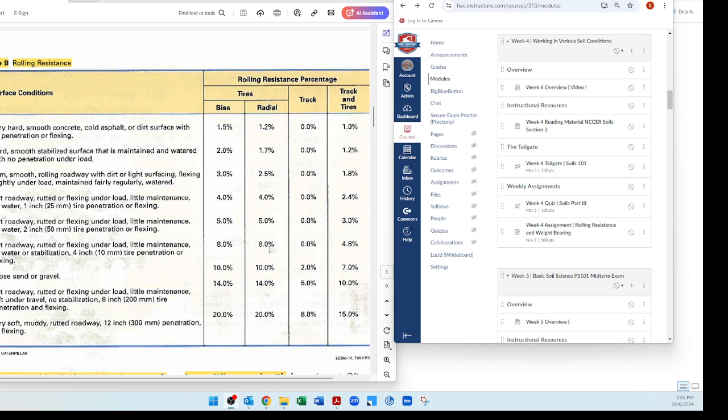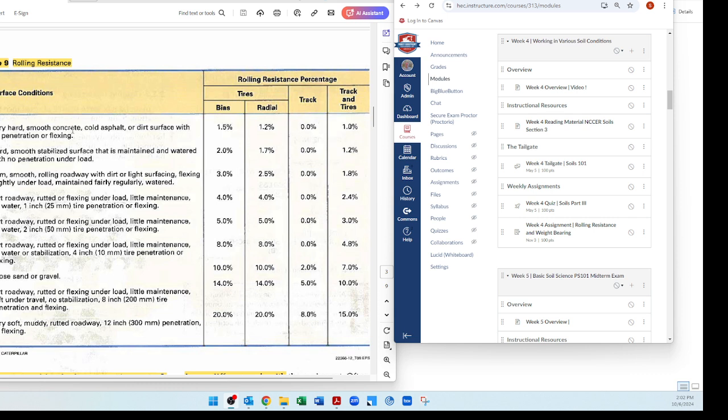So we're going to stick with this figure right here, the rolling resistance percentage increase in perceived weight. That's the only way I can think of it, because they came up with a formula that we'll be using, and this table in conjunction with this table. I can't use that one. That's not right. I'm going to use this one. This will keep us more realistic with a bias tire. Let's use this. So this is the surface.